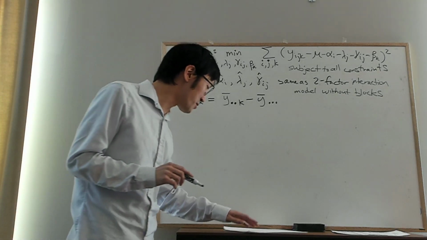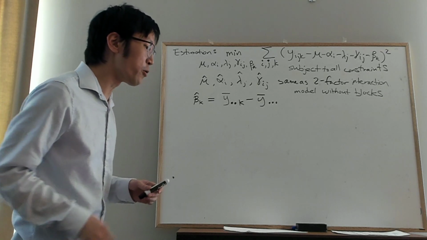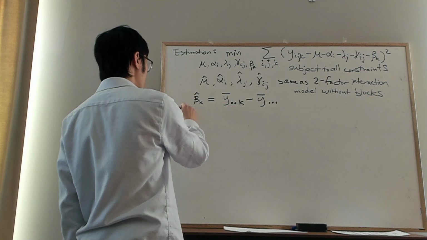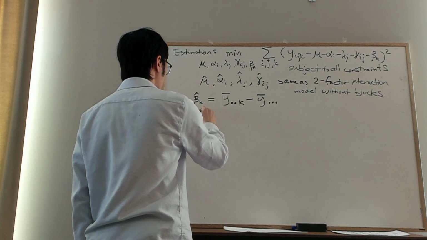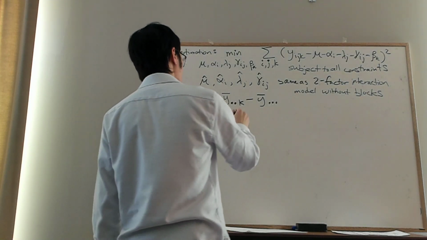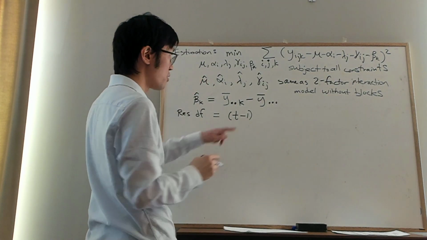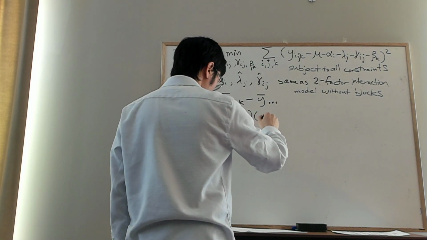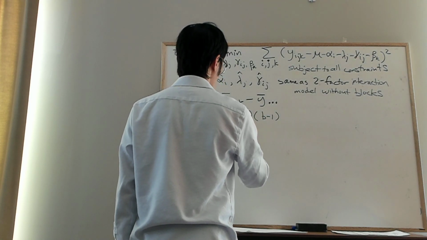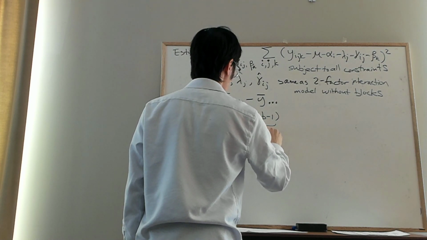So we can therefore get the degrees of freedom immediately without actually having to count through all the different constraints. So let's write it here. The residual degrees of freedom is, okay, so what was it in the randomized block design? It was (T minus 1), one less than the number of treatments, times one less than the number of blocks. This comes from the randomized block design.